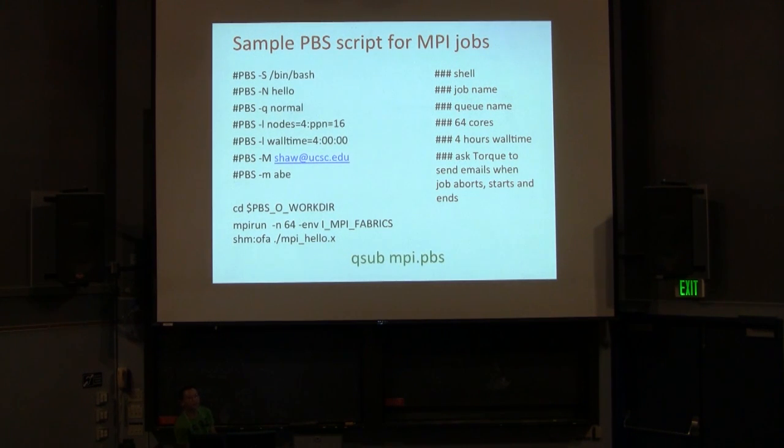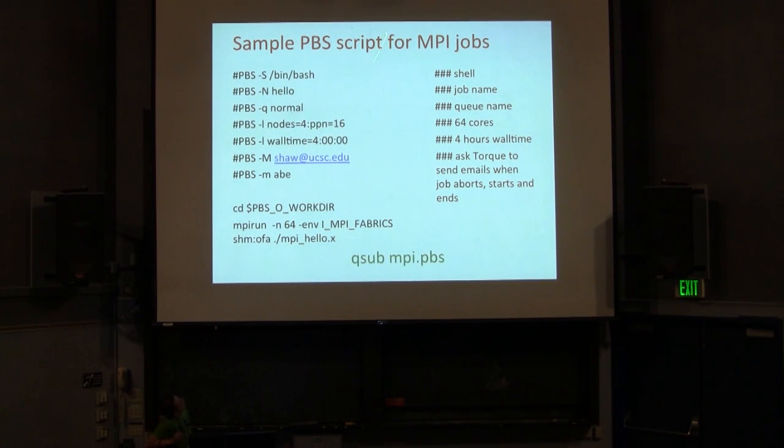For instance, with 64 cores, like the example you have here, do you have to ask specifically for 4 nodes with 16 cores, or could the job be spread over, maybe, 64 nodes? Yes, you can certainly do that, but this is not the recommended way.